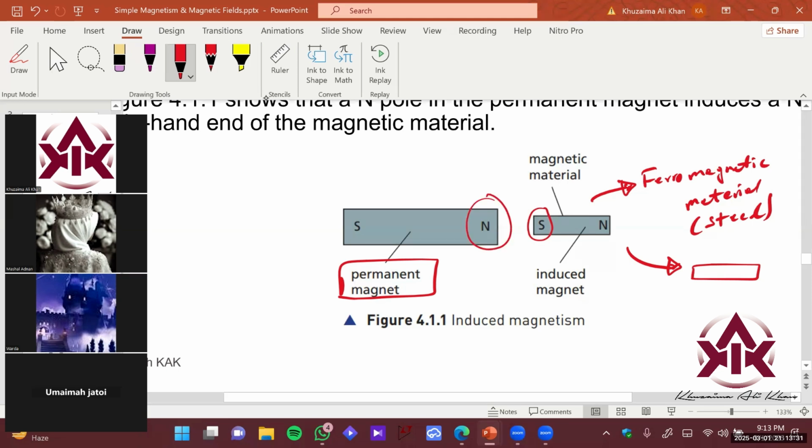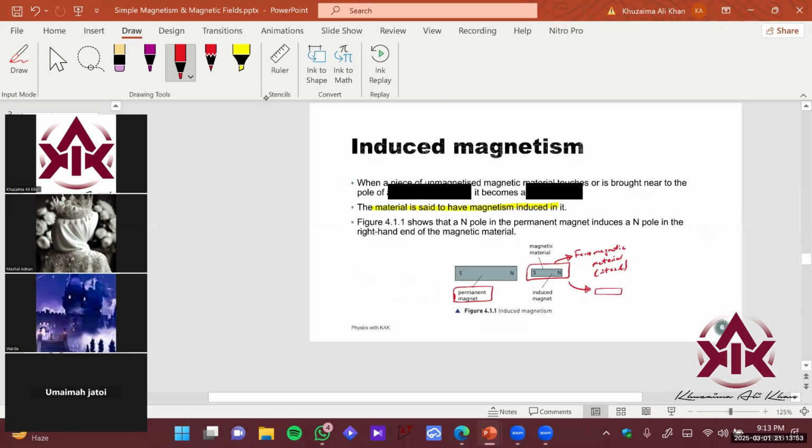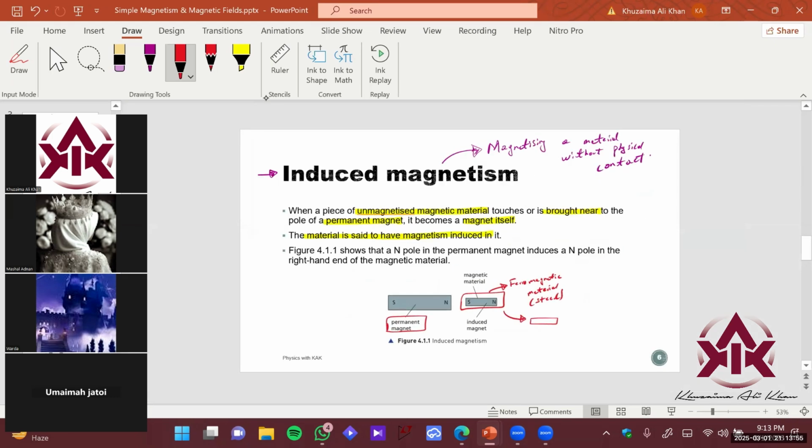And since it has a south pole here, the other side automatically becomes a north pole, right? So this induces magnetic poles without any physical touch on the ferromagnetic material, which is steel here. Now it is a magnetized material which can be used to attract or repel any other magnet also. So that's how induced magnetism works.